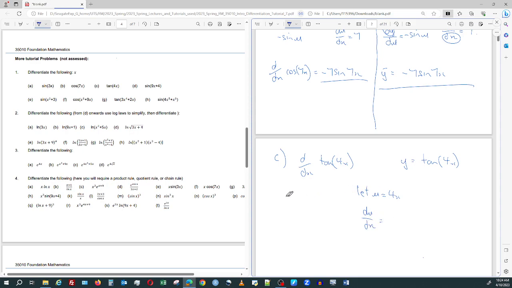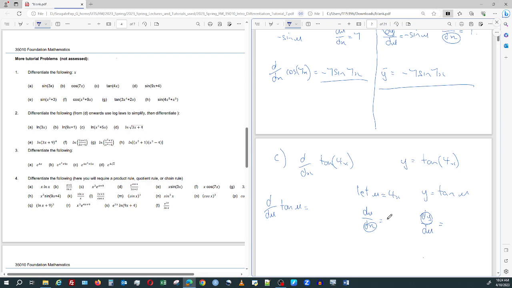So du dx is equal to 4. Over here we're going to rewrite this as d du tan u. Over here we'll write y is equal to tan u, so dy du. So now I'm kind of doing the chain backwards. It's still there, dy dx.